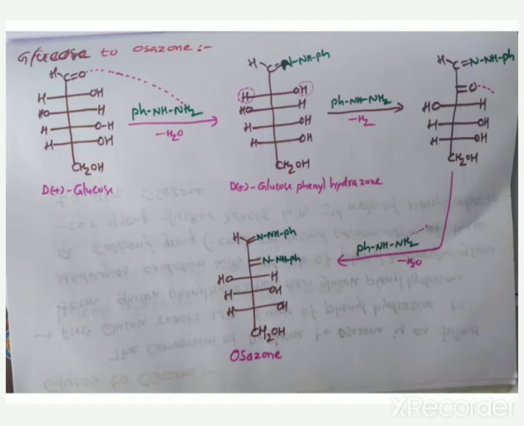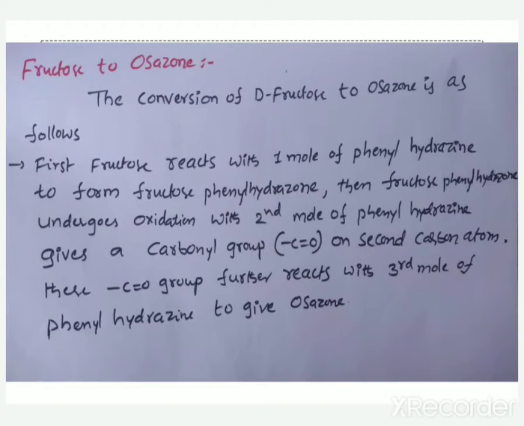Now, second question. We discuss the second question, that is the fructose to osazone. We prepare osazone from fructose. In the previous question, we prepared osazone from glucose. Students, what is the procedure?